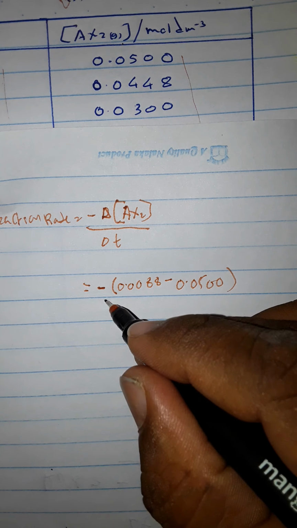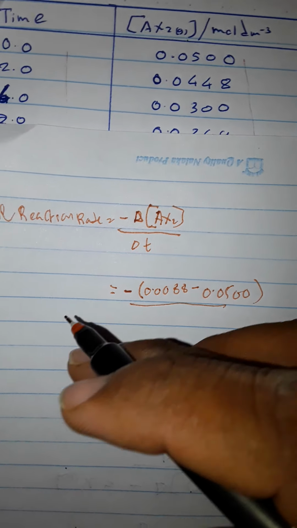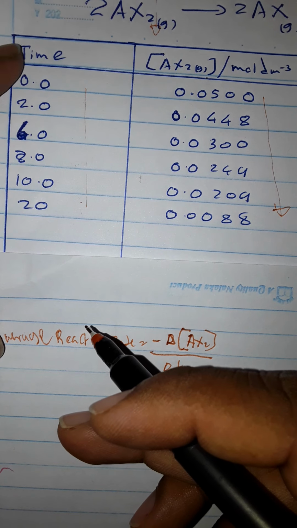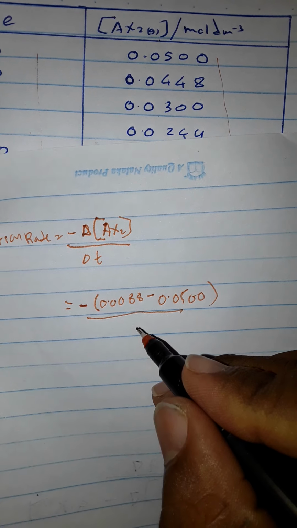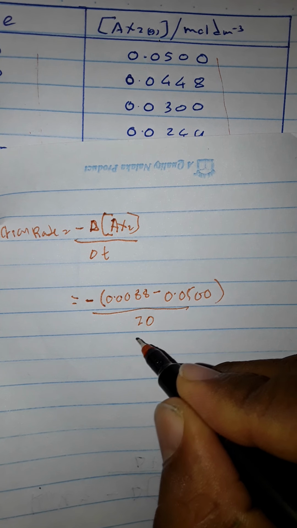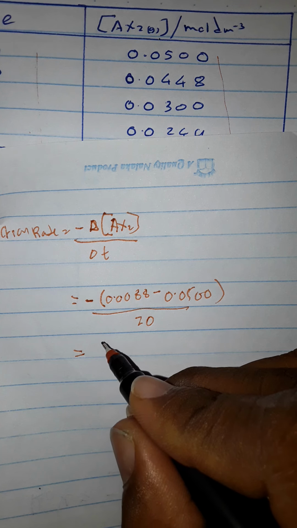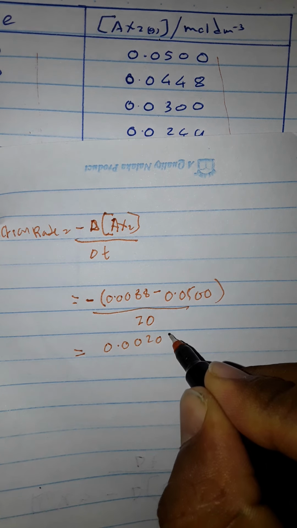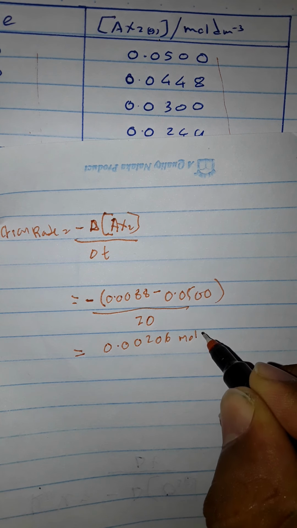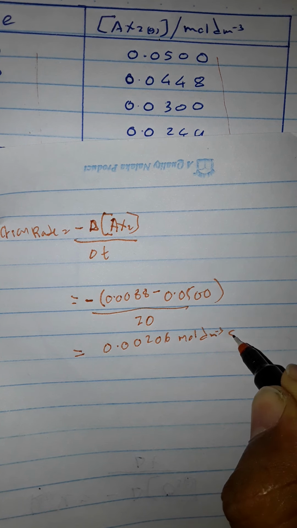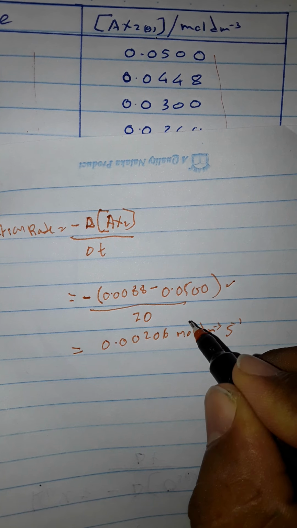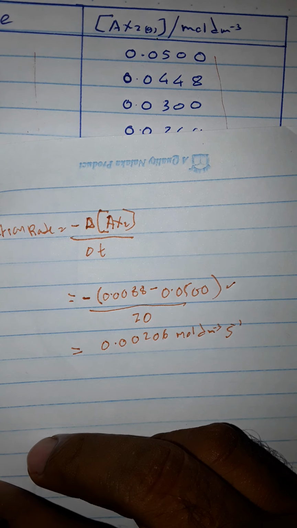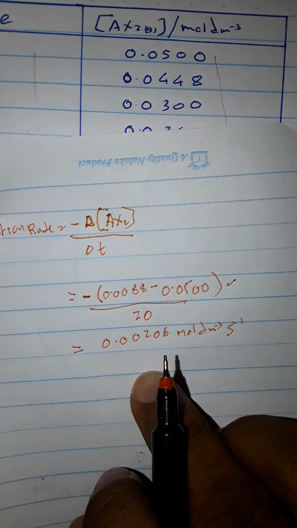Then what is the total time taken for all this process? Total time taken is 20, so this should be divided by 20. So the answer will be 0.00206 moles per cubic decimeter per second, because the moles per cubic decimeter is the unit here and the second is the unit of time. So the overall unit is moles per cubic decimeter per second.